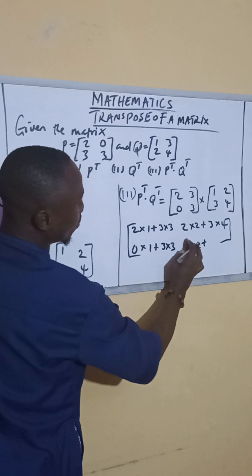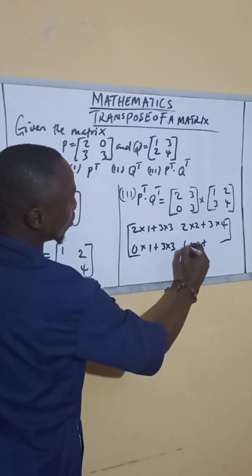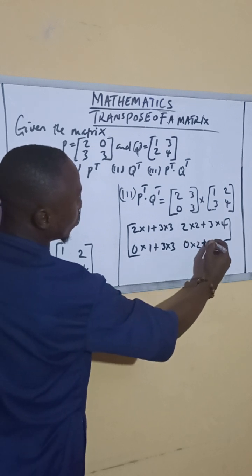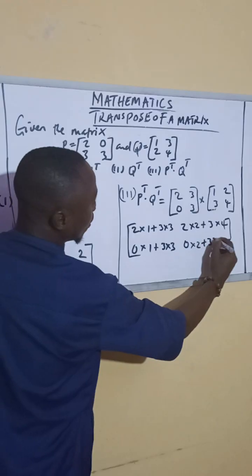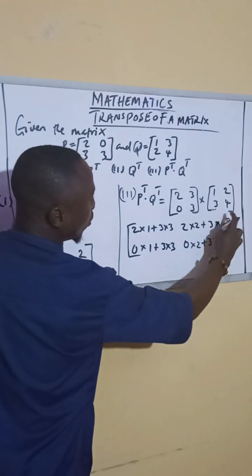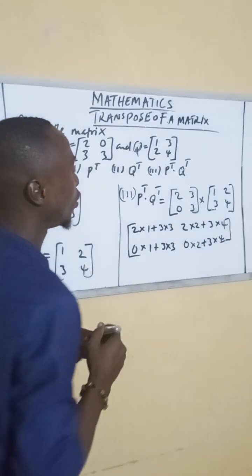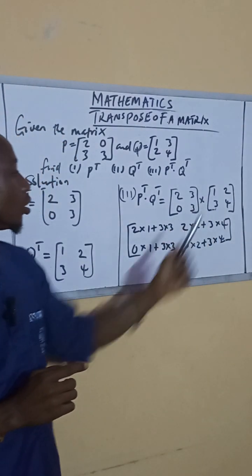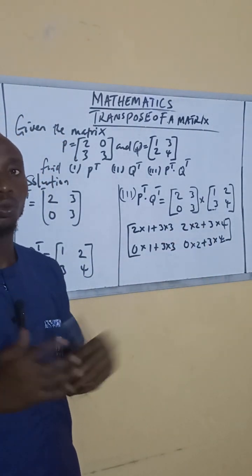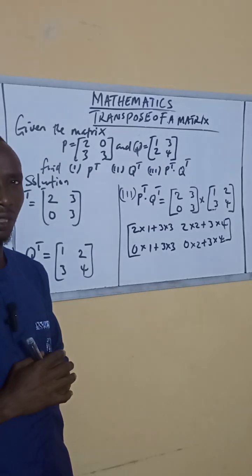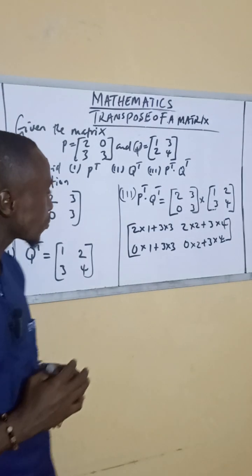Sorry, this is going to be 0, please. 0 times 2 plus 3 times 4. So whatever we have here is going to be the same. But the numbers we have on the column, the row, will be the same. Do you understand? I'm sure we understand this.